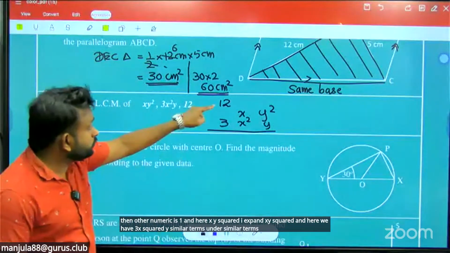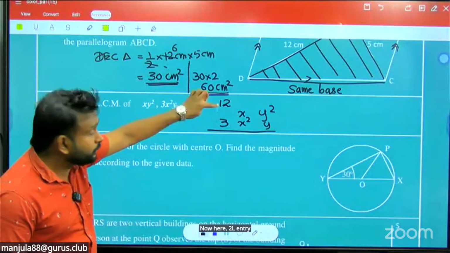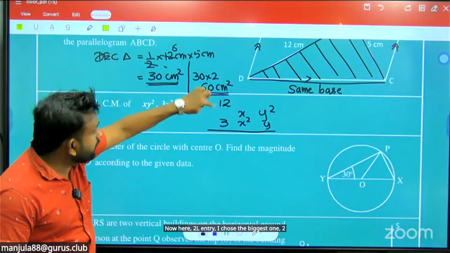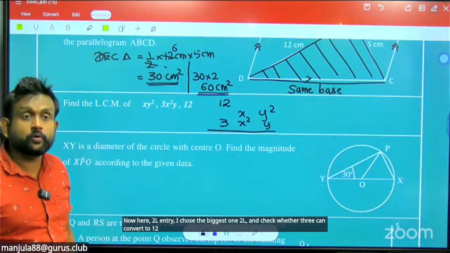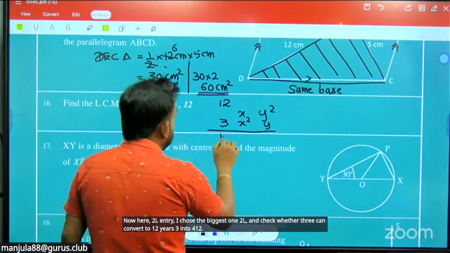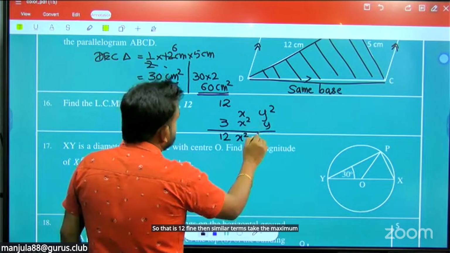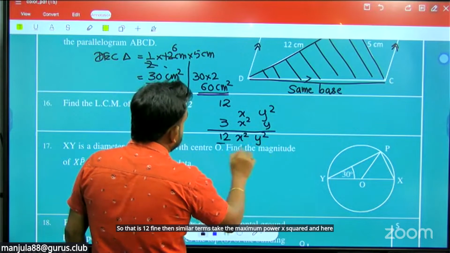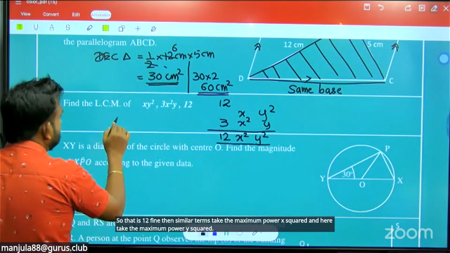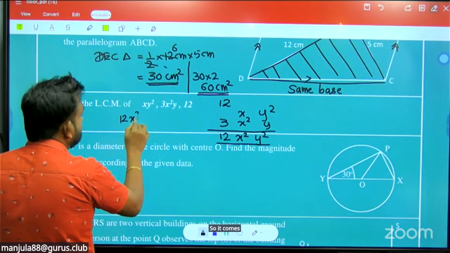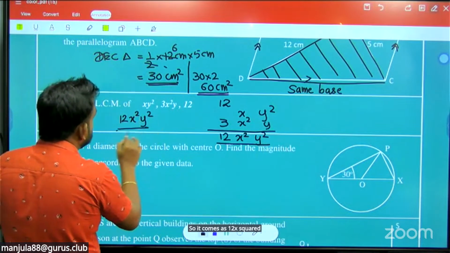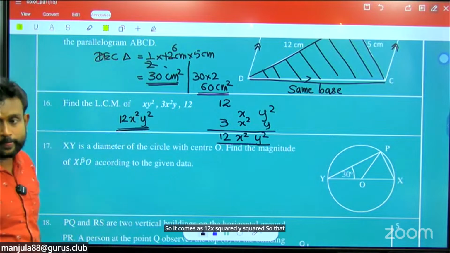Now here 12 and 3, I choose the biggest one, 12, and check whether 3 can convert to 12. Yes, 3 into 4 is 12. So that is 12, fine. Then for similar terms, take the maximum power: x squared, and here take the maximum power: y squared. So it comes as 12x squared y squared.